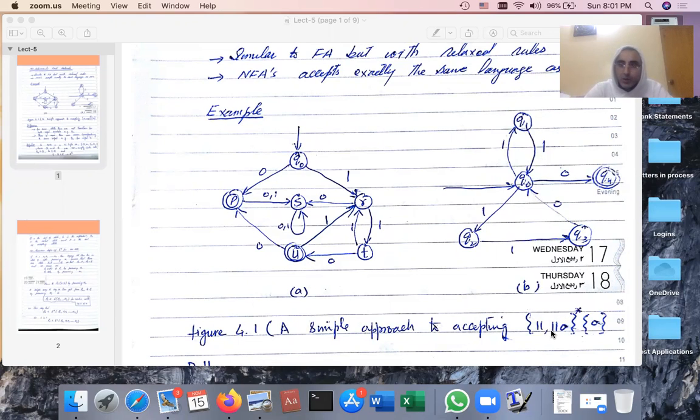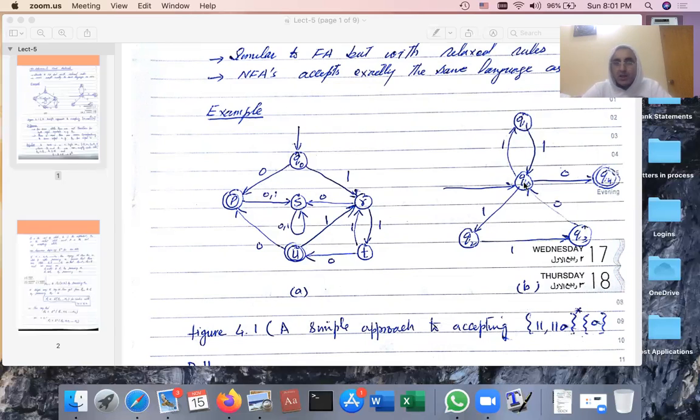Now take the other one, 1 1 0 and then 0 at the end. So 1 1 and then 0 and then again 0, and we will again reach Q4, an acceptance state. And the simple case is when it is null, only 0. From Q0 we can take a 0 and reach Q4. So all the strings which are acceptable in the FA are also acceptable on this NFA.